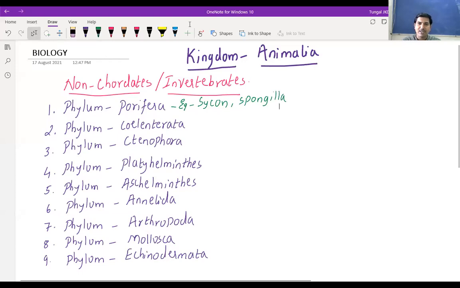There are many examples; we are taking only a few here. Then Coelenterata, examples: Hydra, jellyfish, Aurelia. Ctenophora, example: Ctenoplana.